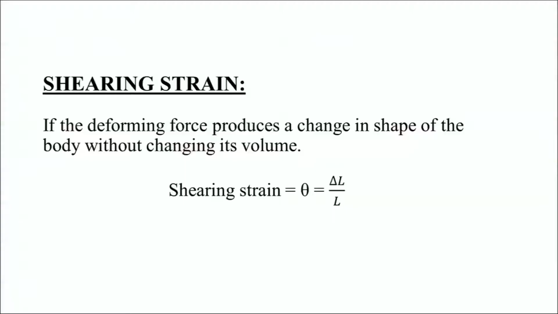And the last type of strain is the shearing strain. We need to remember that shearing means the force which acts tangentially to the surface of a body. And if the deforming force produces a change in the shape of the body without changing its volume, it will give you a shearing strain.